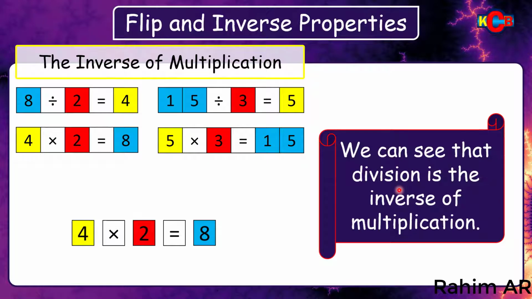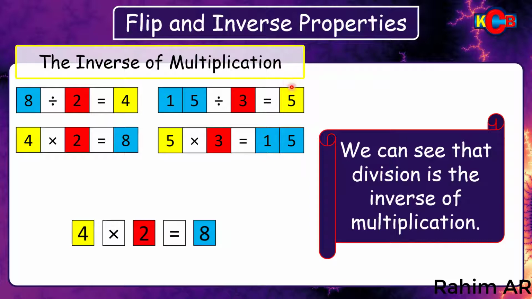We can see that division is the inverse of multiplication. Again, look here. 15 divided by 3 equals 5. 5 times 3 equals 15.